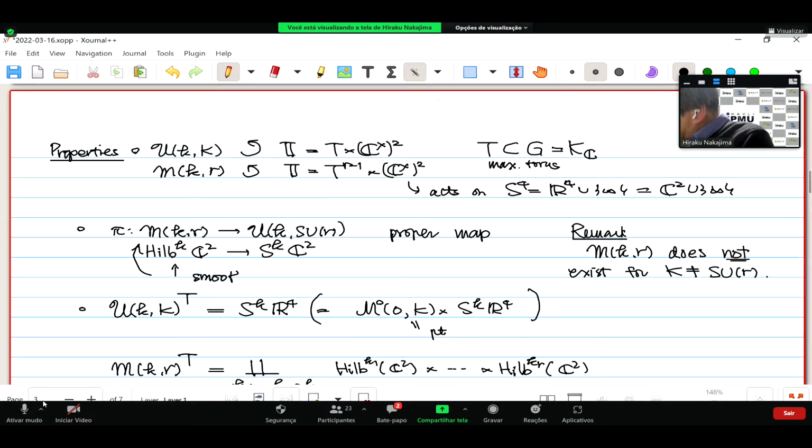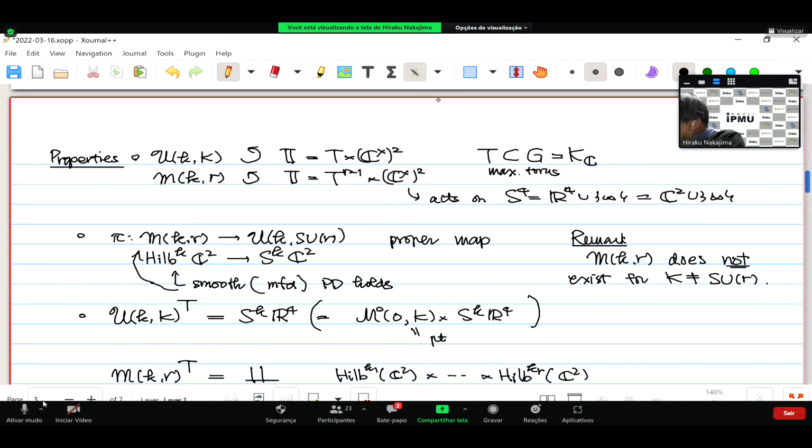I mentioned that this is a symplectic resolution, so this is a manifold. In particular, we have Poincare duality, so I can switch from cohomology to homology.